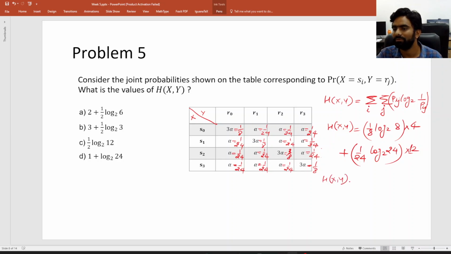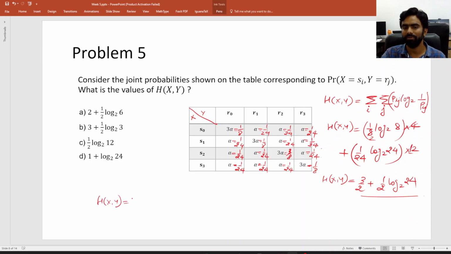Now simplify that one. You should calculate this, 2 raised to 3. So it would be, I think, 3 by 2 plus 1 by 2 log base 2 of 24. So we have solved up to this step. Now you have to open this logarithm.